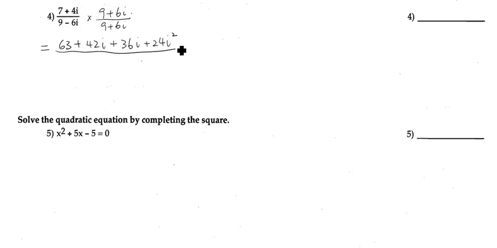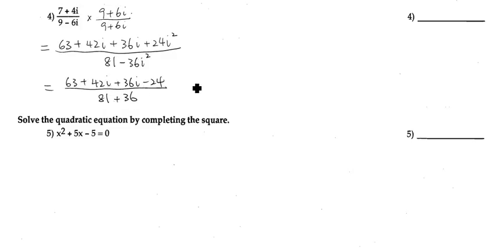And the bottom would become 81 minus 36i squared. But we know i squared is indeed negative 1. So it would become 63 plus 42i plus 36i minus 24. So everything stays the same except I take care of the i squared.